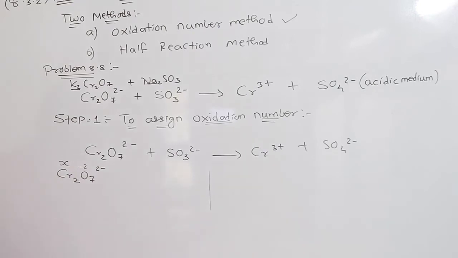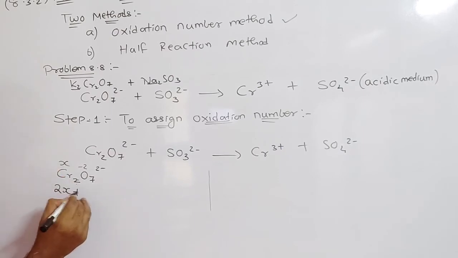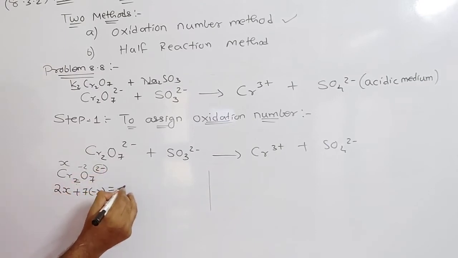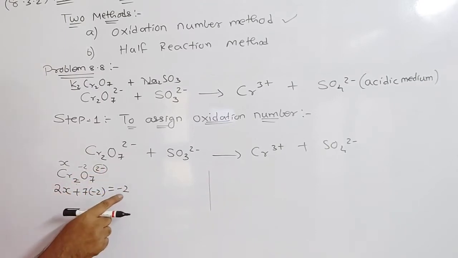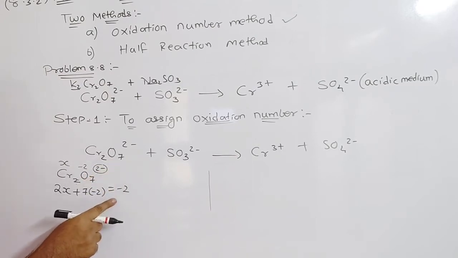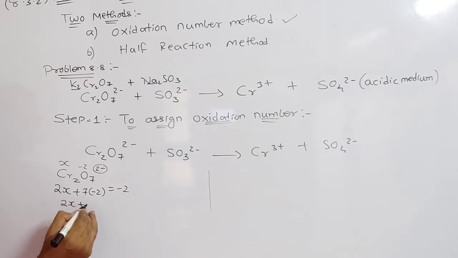For this you have to watch the previous video on the rules for assigning oxidation numbers. There are 2 atoms of chromium, so 2x plus 7 into -2, and the charge is equal to -2. Before we were taking 0, but as this is a polyatomic ion we write -2. So 2x plus -14 is equal to -2.